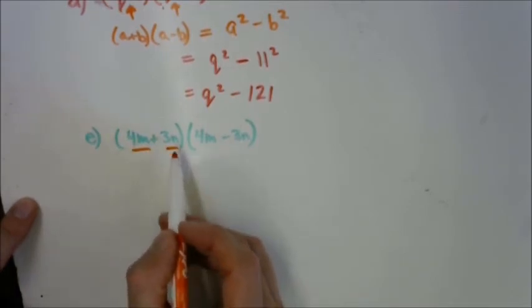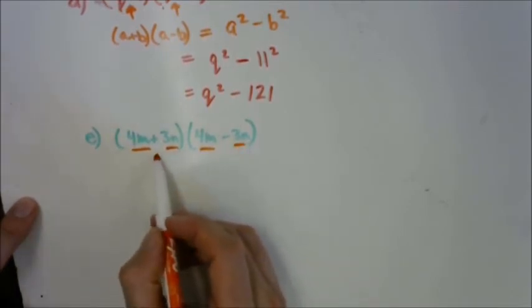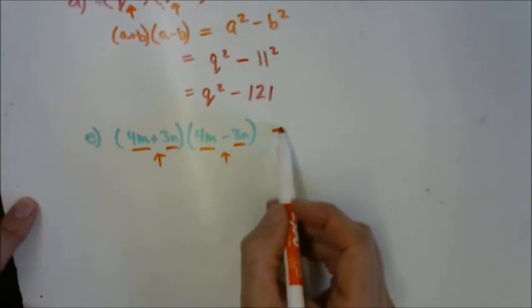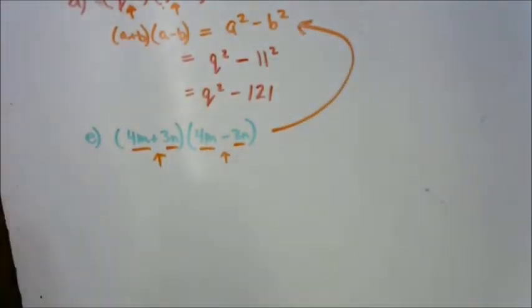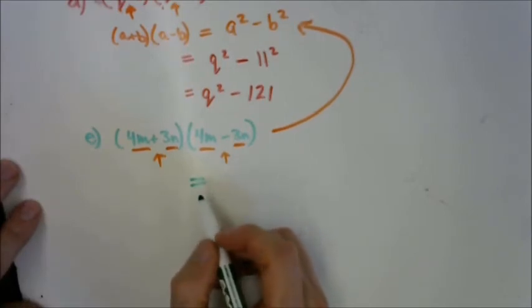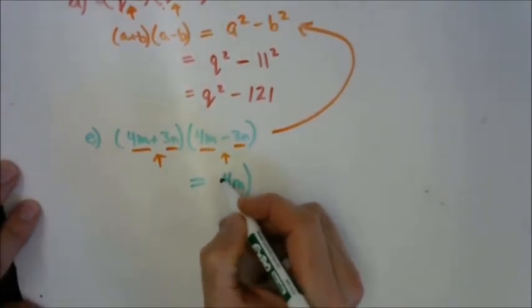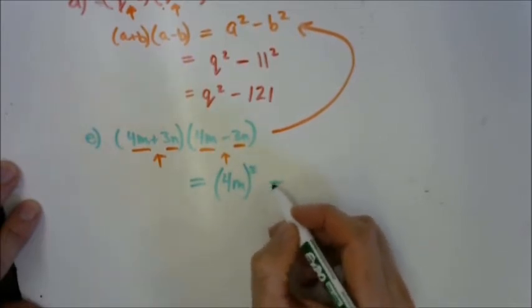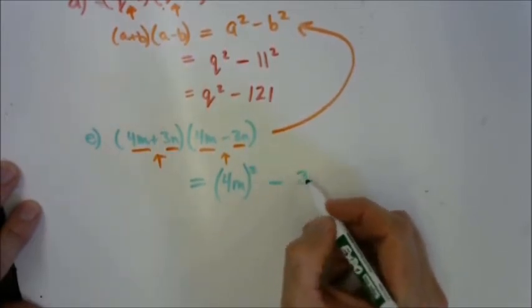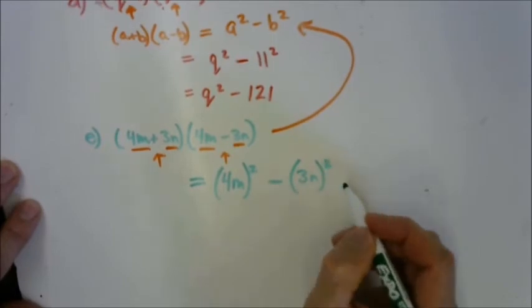It's a binomial, and one is a sum and one is a difference. So it's the same pattern as up here. So this is going to equal a difference of squares. A is 4m, so we're going to have that squared. And it's a difference. And B is 3n. We're going to have that squared.